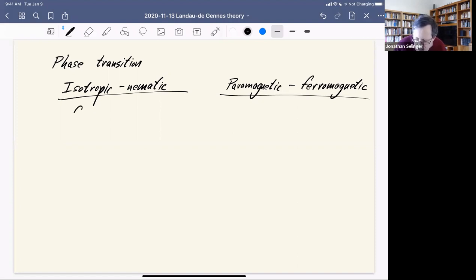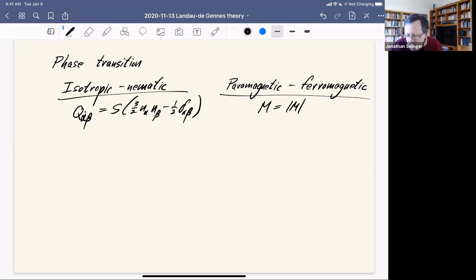right, we have a tensor order parameter, Q alpha beta, which has this interpretation of S times 3/2 n alpha n beta minus a half delta alpha beta. Right? That corresponds in the magnetic transition to this order parameter M, which could be interpreted as a magnitude, the absolute value of M, times a direction, which is just plus or minus 1.